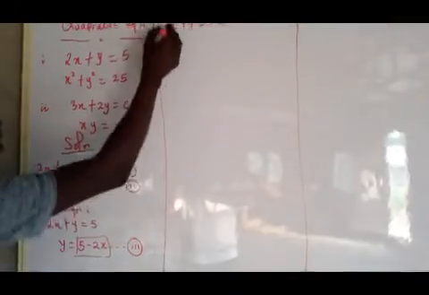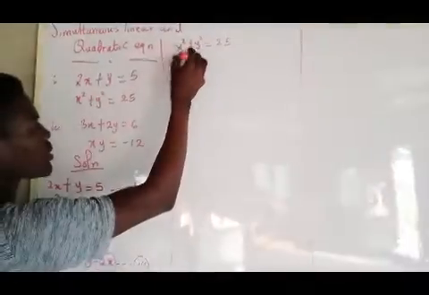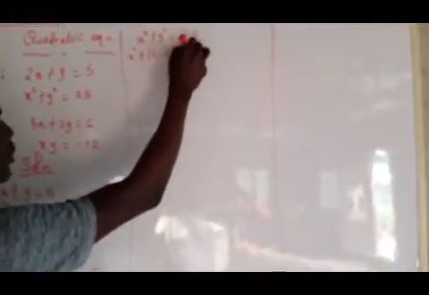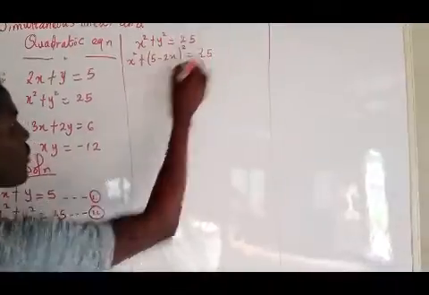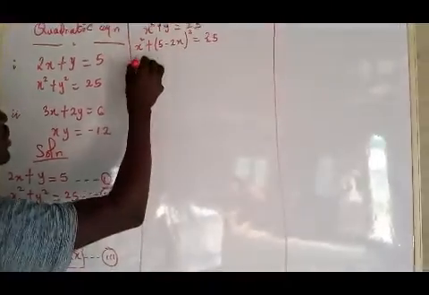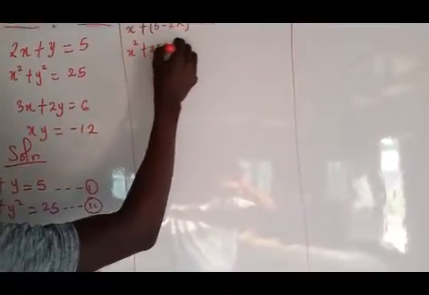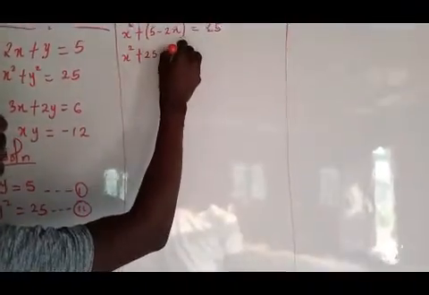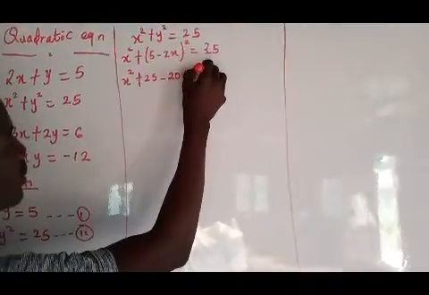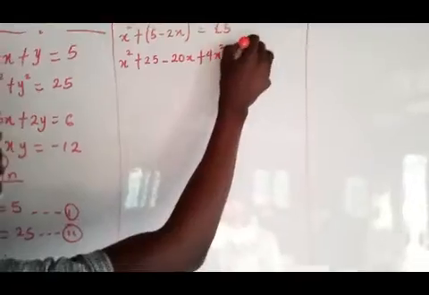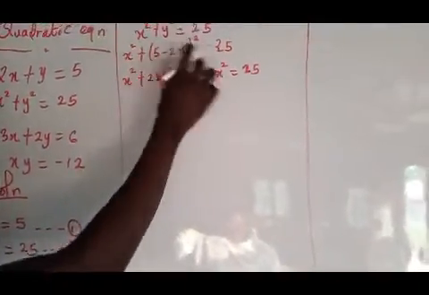Alright, so this will now be x squared plus, instead of me writing y, 5 minus 2x all squared equals 25. So if you open this, you have 25 minus 20x plus 4x squared equals 25.